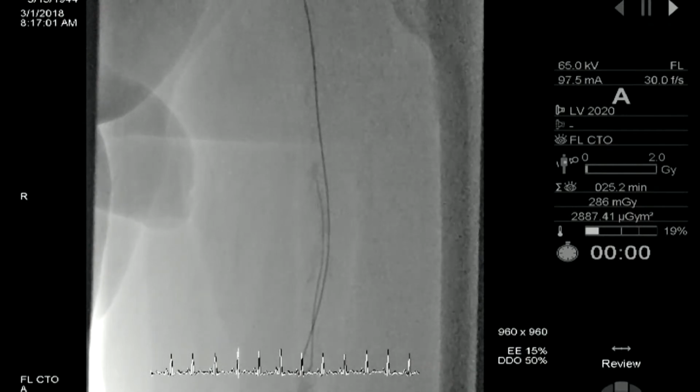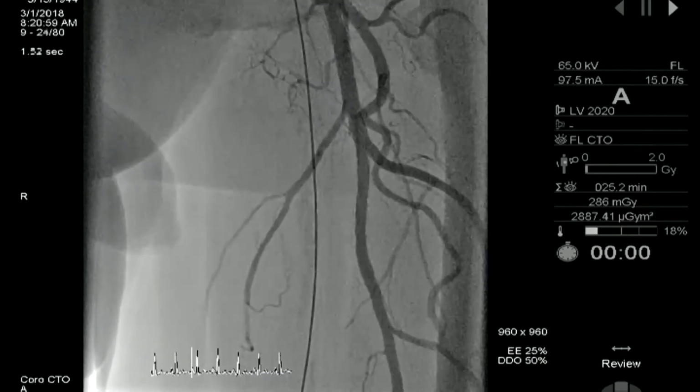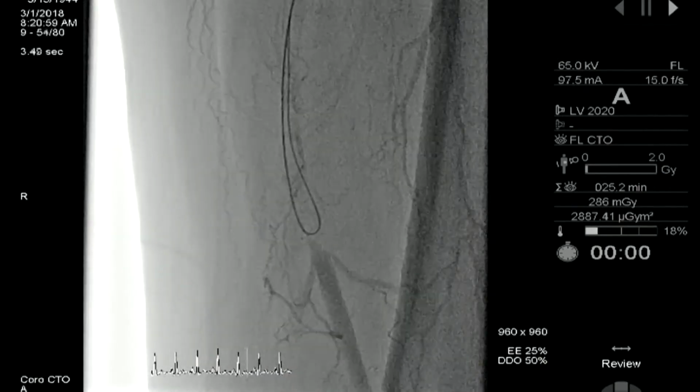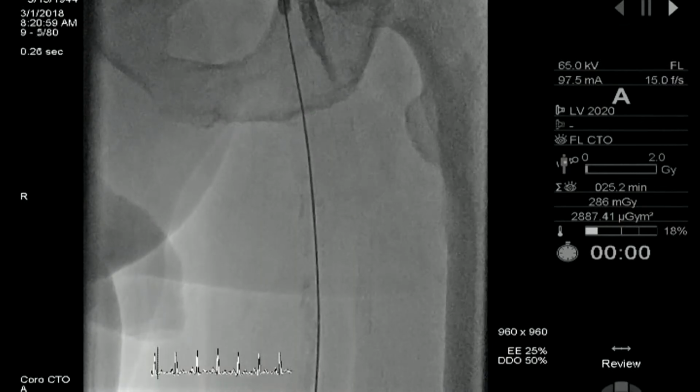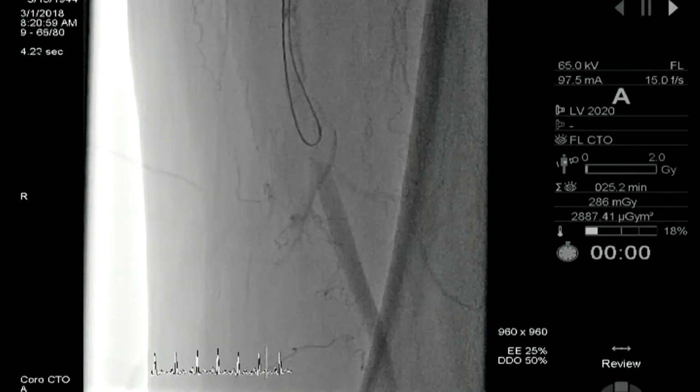We even tried coronary slippery wires and also a Fielder XT wire, but it doesn't go. So now you can see that we are near the point where the artery reconstitutes.